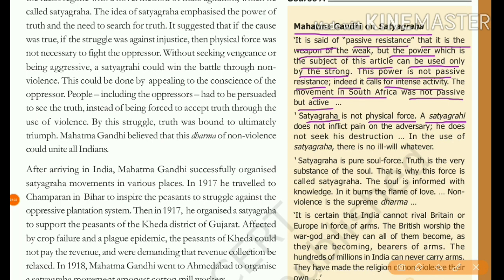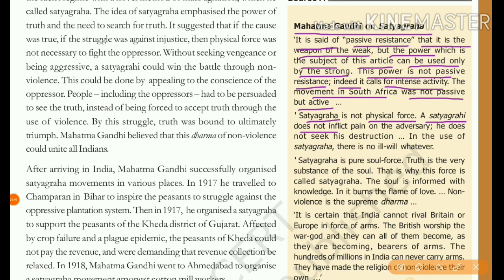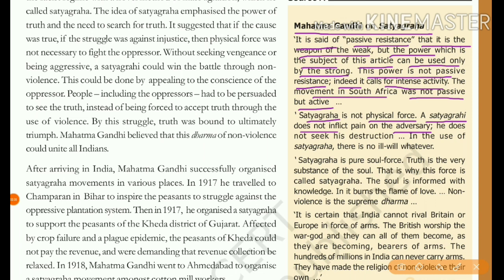Yes, the satyagrahi, that means the person following satyagraha, does not inflict pain. That means that person does not give any pain to others, to the adversary. Adversary means the opponent, the enemy. The satyagrahi does not inflict, does not give any pain to that enemy or opponent.